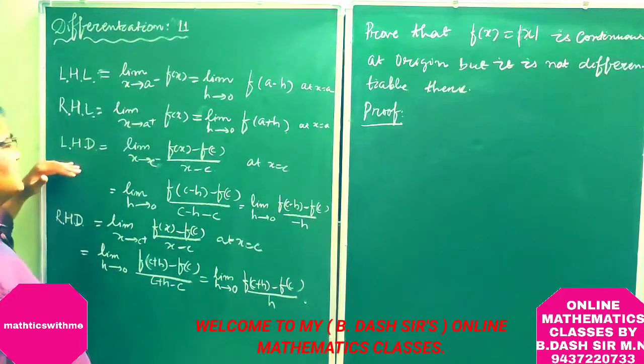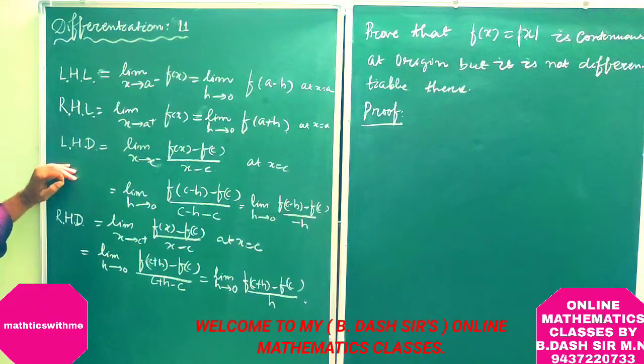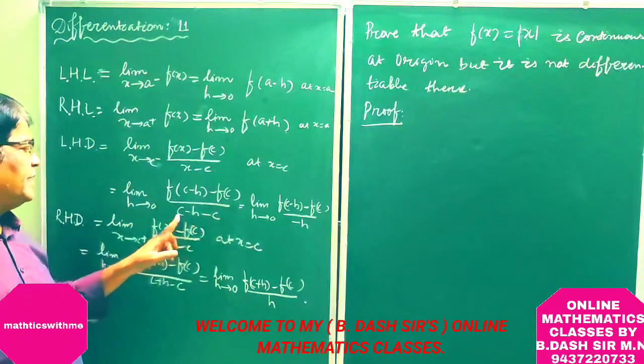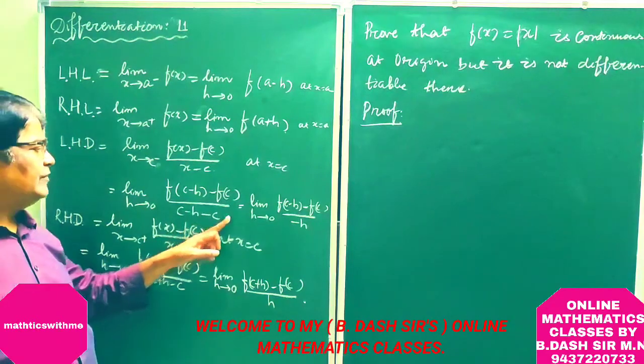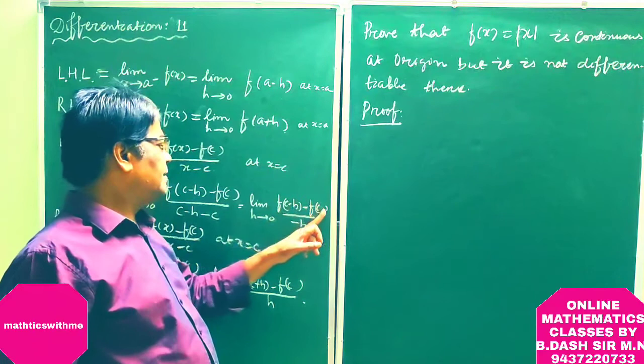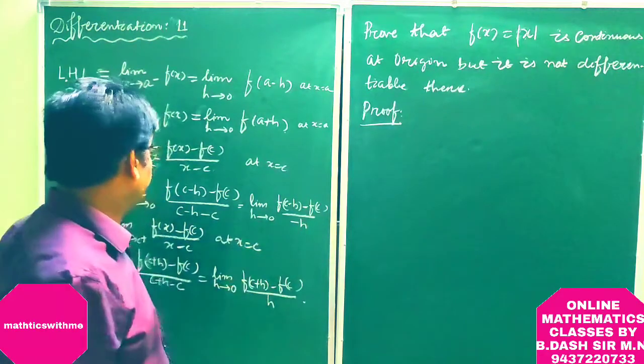For differentiability, the left hand derivative is limit as x tends to c minus of (f(x) - f(c))/(x - c), which is equal to limit as h tends to 0 of (f(c - h) - f(c))/(c - h - c), which is equal to limit as h tends to 0 of (f(c - h) - f(c))/(-h).